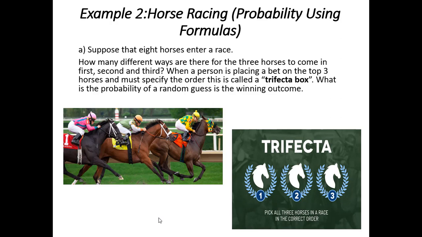So order here is important, okay? When you're placing the bets, you must specify the order they come in, okay? This is sometimes called a trifecta bet. So this is where you pick all 3 horses in a race in the correct order, okay? And the probability of a winning outcome will affect the amount that a person gets paid off when they make a bet.